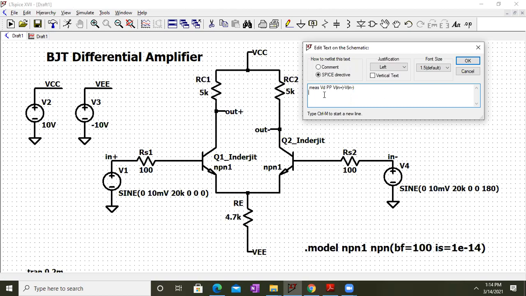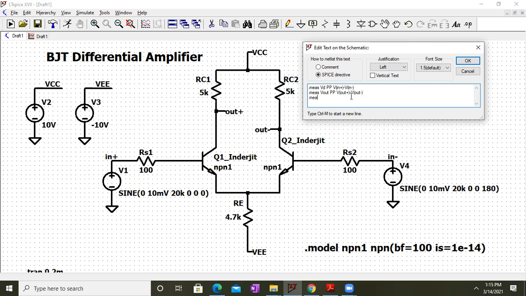This will measure the peak to peak value and store it in the differential voltage variable. Next will be Vout, again peak to peak. So now it will be Vout plus, that's the node we have given, and another one will be Vout minus. It depends upon what label you have given to the output nodes.